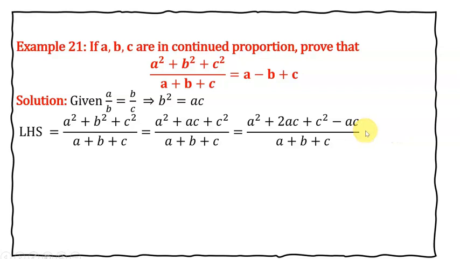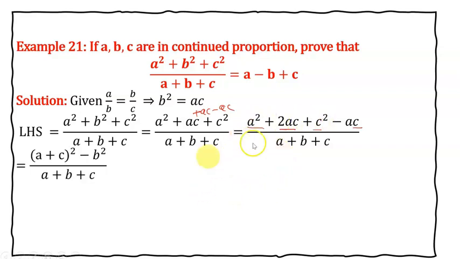By adding and subtracting, here you will have plus ac and minus ac. If we add ac, ac plus ac is 2ac. Therefore, you will have a square plus 2ac plus c square, and this minus ac is here, to the denominator a plus b plus c. Now, to the numerator, what you will have here? (a plus c) whole square minus b square, upon a plus b plus c.